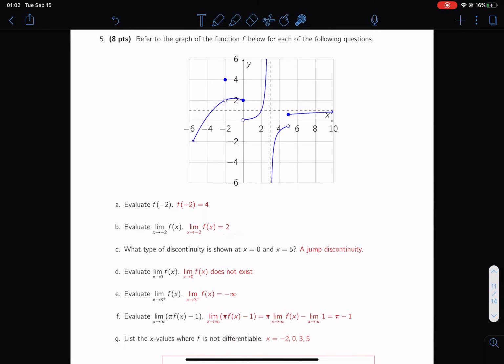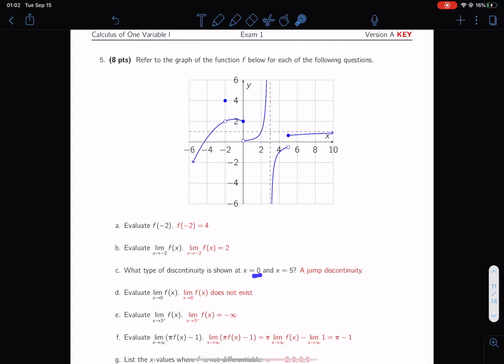Which type of discontinuity at 0 and 5? 0 here and 5. 0 and 5, you can see we have a jump here. There are two different points.